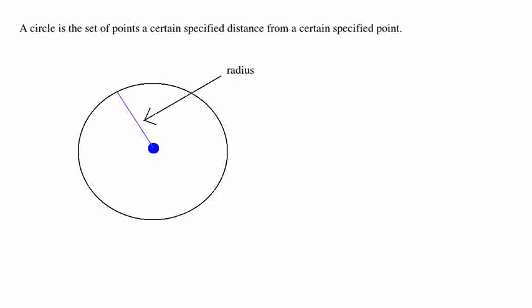All right. Another line segment that is important with respect to circles is the following. A line segment with endpoints on the circle that also goes through the center of the circle. Okay, so that green line segment is what I'm talking about. Now, that line segment and other line segments like it are referred to as diameters.